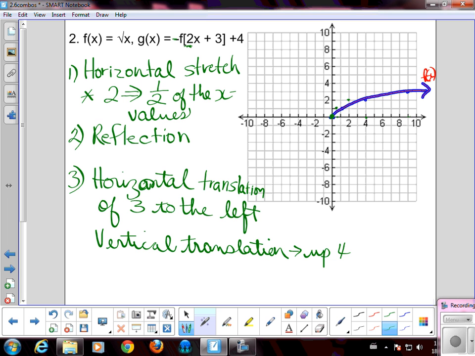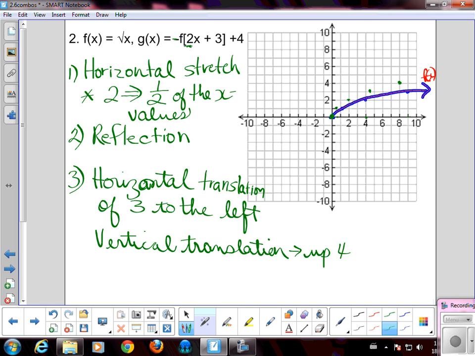So the next point would have been over 9 up 3. So I'm going to go over 4.5 up 3. The next point, remember, we said would be over 16 up 4. So half of 16 is 8, so over 8 up 4.